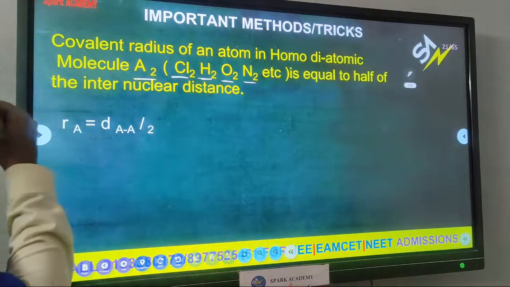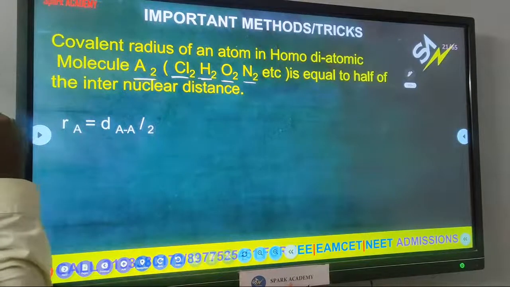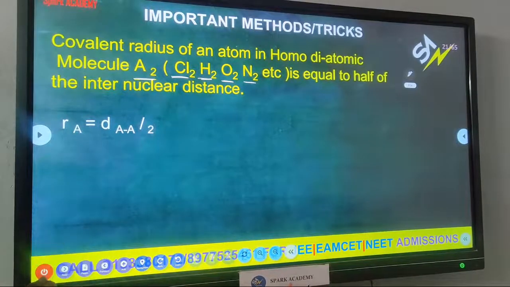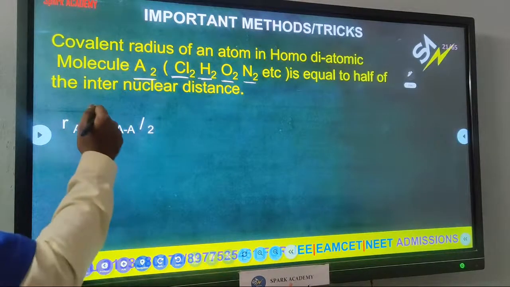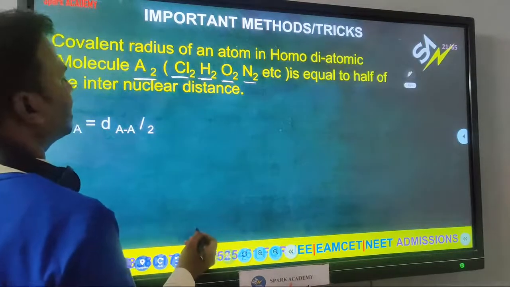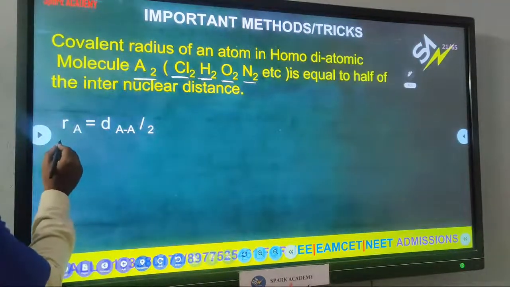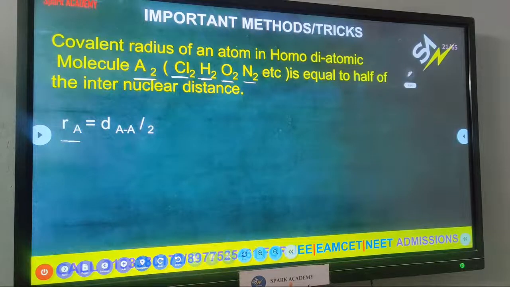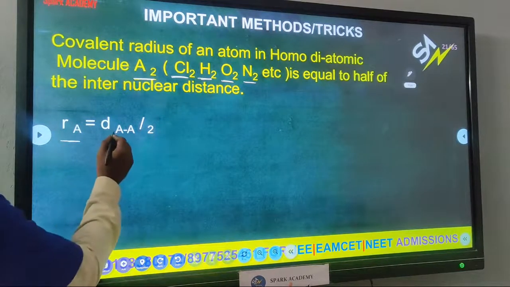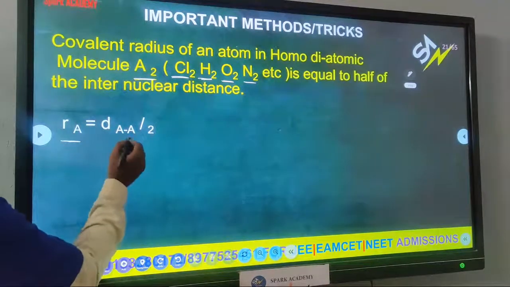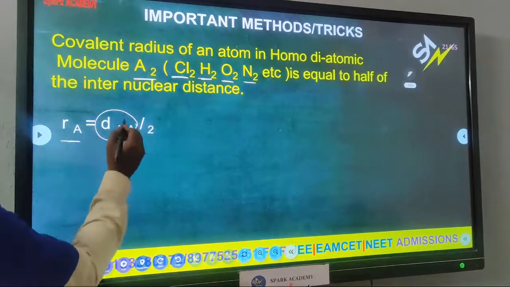In the case of a homodiatomic molecule, the covalent radius is equal to half of the internuclear distance. That is, the distance between the two atoms divided by 2.